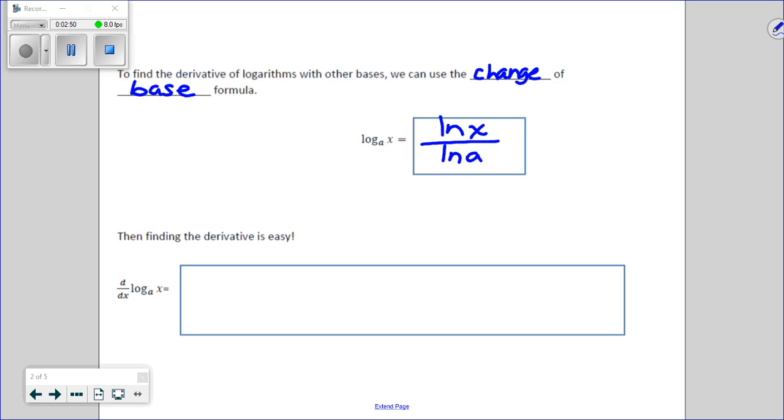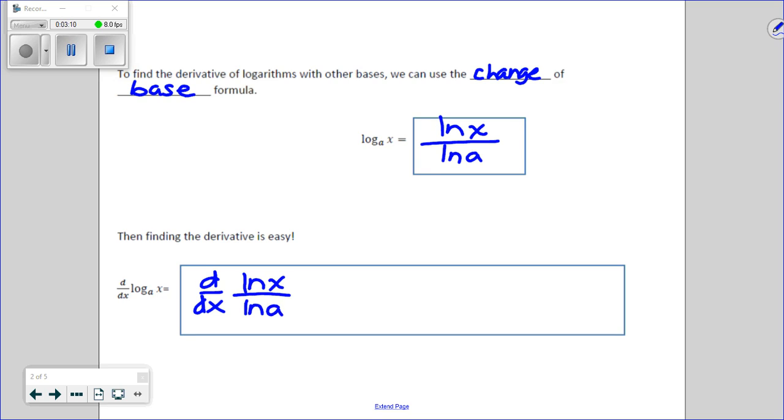Okay, so if we find the derivative of log base a of x, it would equal the derivative of natural log of x over natural log of a.